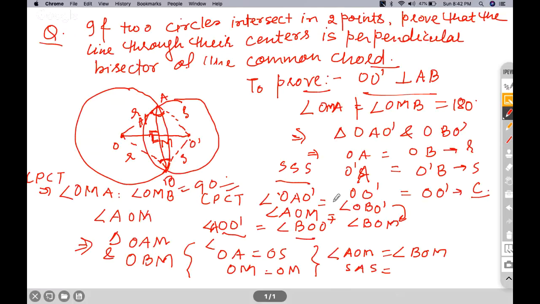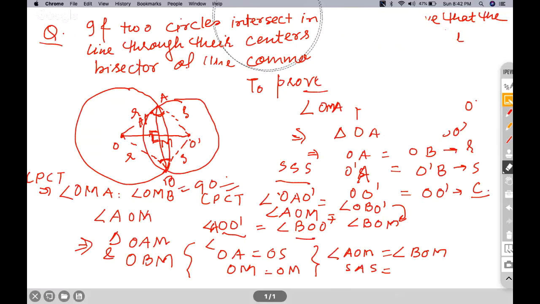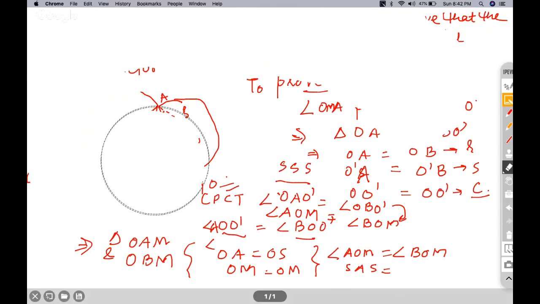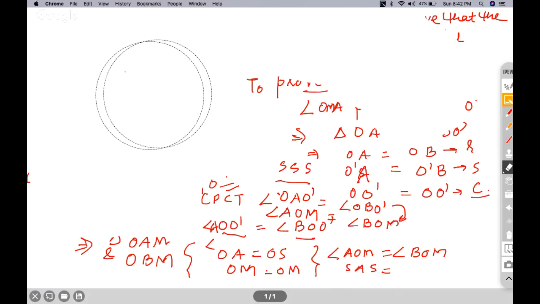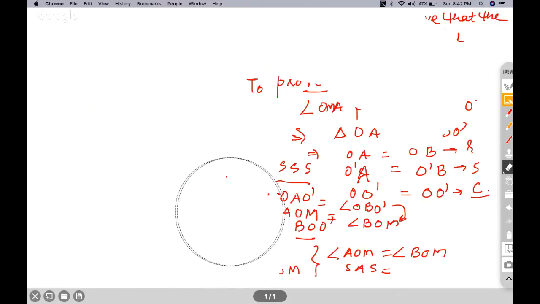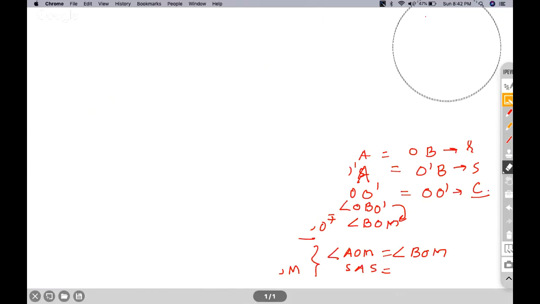The question is, write down the question. I'm reading out the question, write it down. Let's not waste time. I'll write it. Prove that the perpendicular bisector of the chord of a circle always passes through the center. Okay, leave this question. We have already done this.